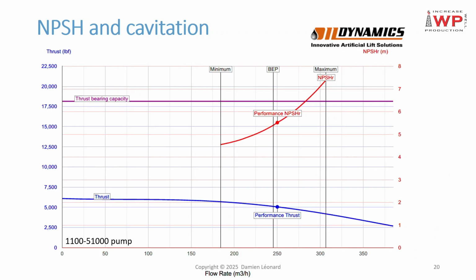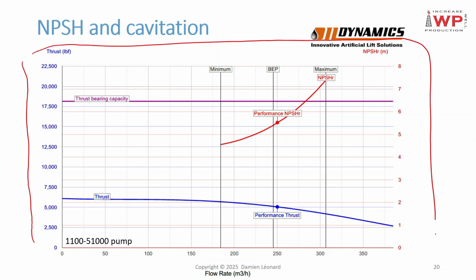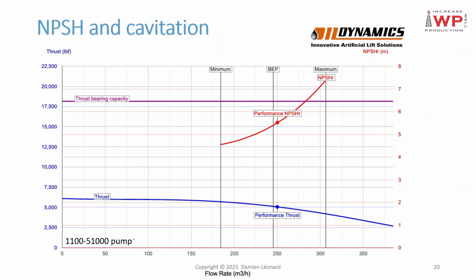On this slide, I wanted to show you an example of NPSHR, so required net positive suction head data provided by a pump manufacturer. This one is a curve for this ESP pump, which is provided by Oil Dynamics, which is a German company. What we can see is that the NPSHR is not a fixed value, it's a curve that we can see in red, and we can see that it increases with the flow rate.